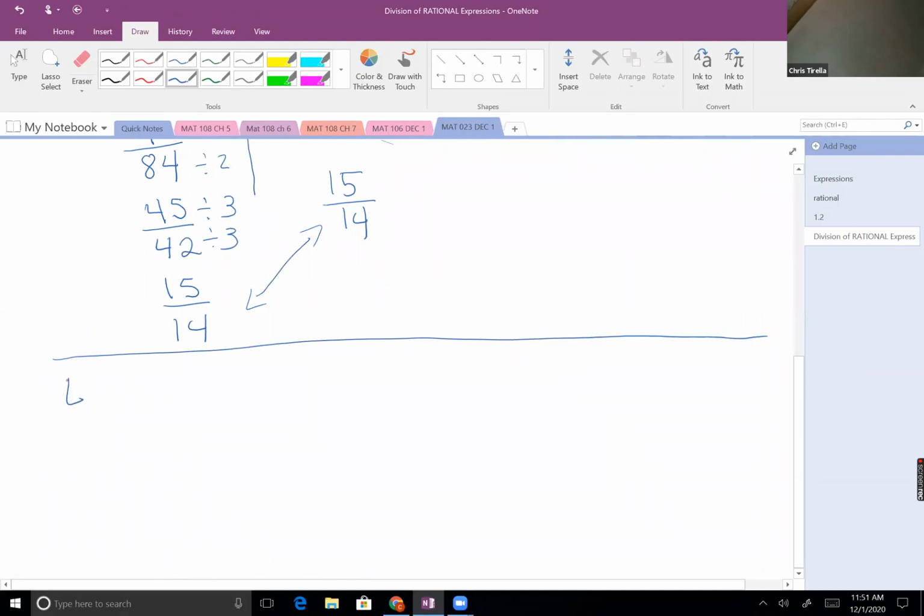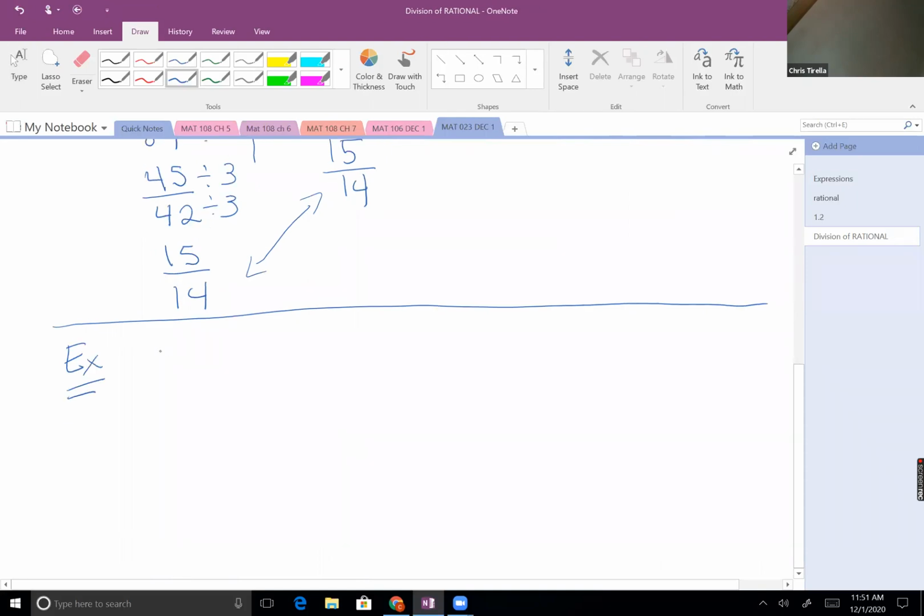And so let's start with a pretty straightforward example. Let's have 7x squared over 6 divided by x over 24. And again, the first thing that I want to do is rewrite it.